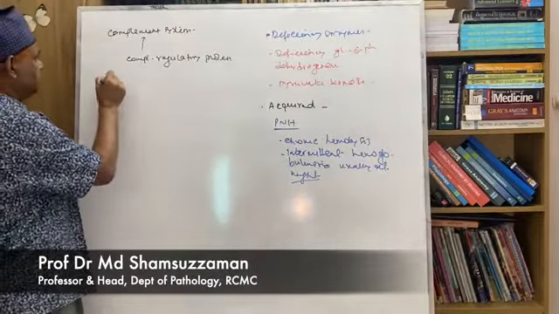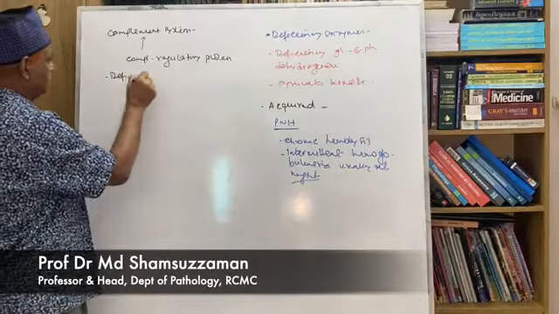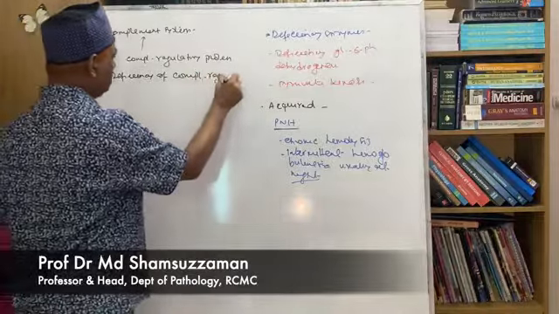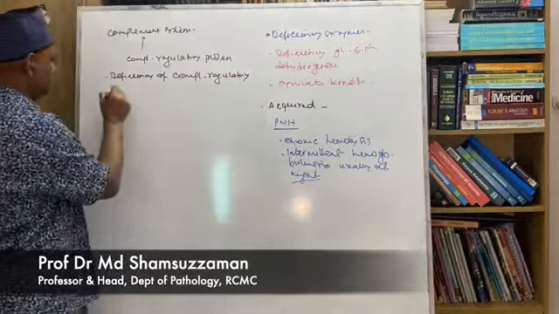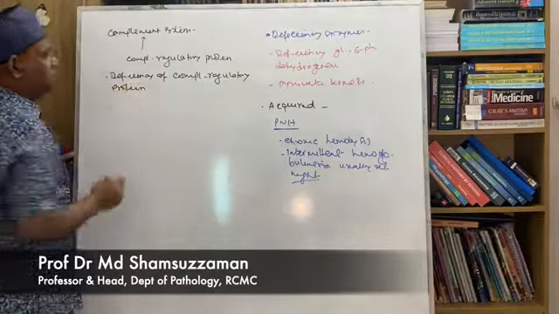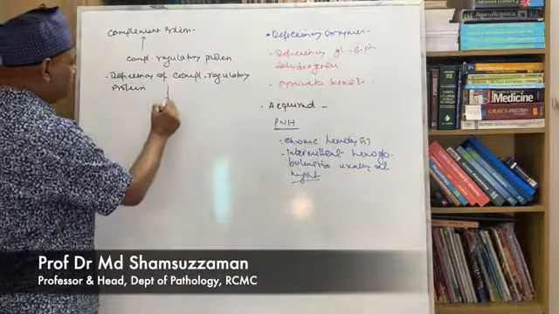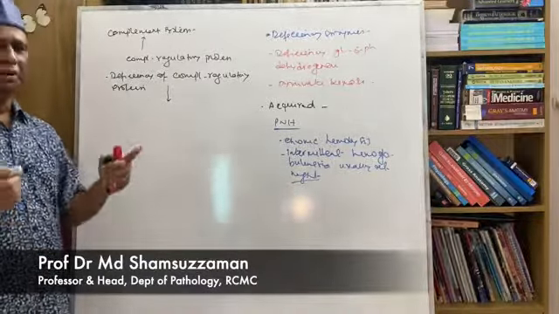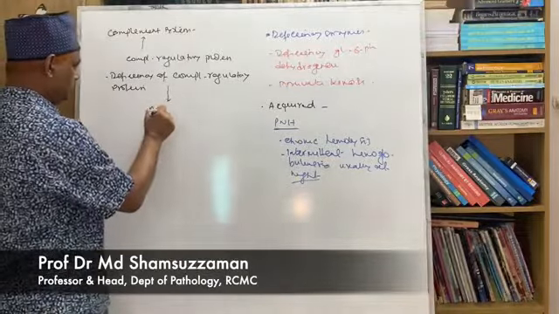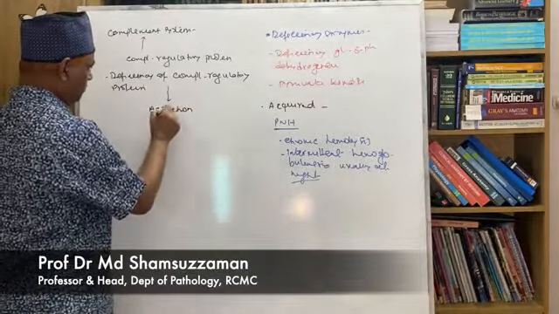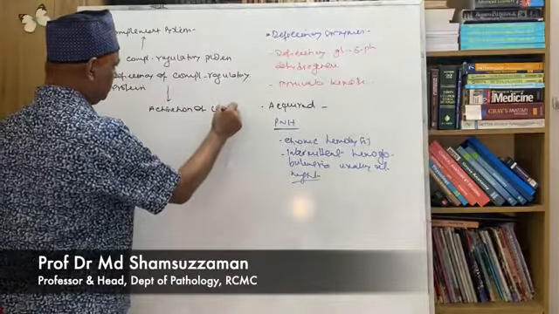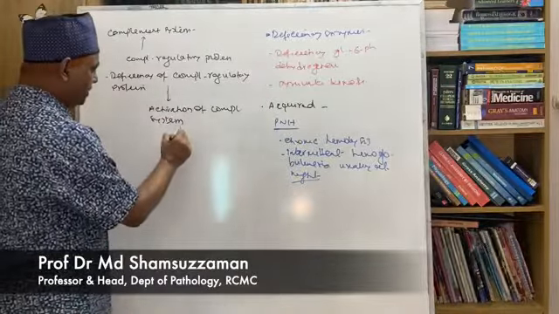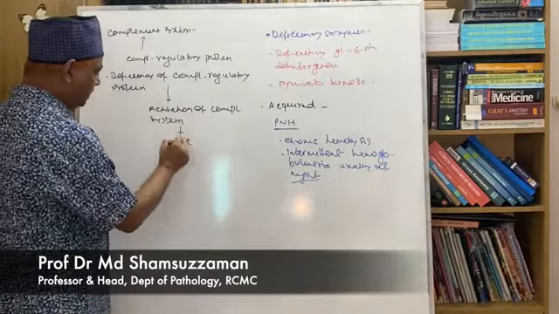So what will happen? The complement is not regulated, so there is activation of the complement system by the alternate pathway, and ultimately there is production of membrane attack complex.